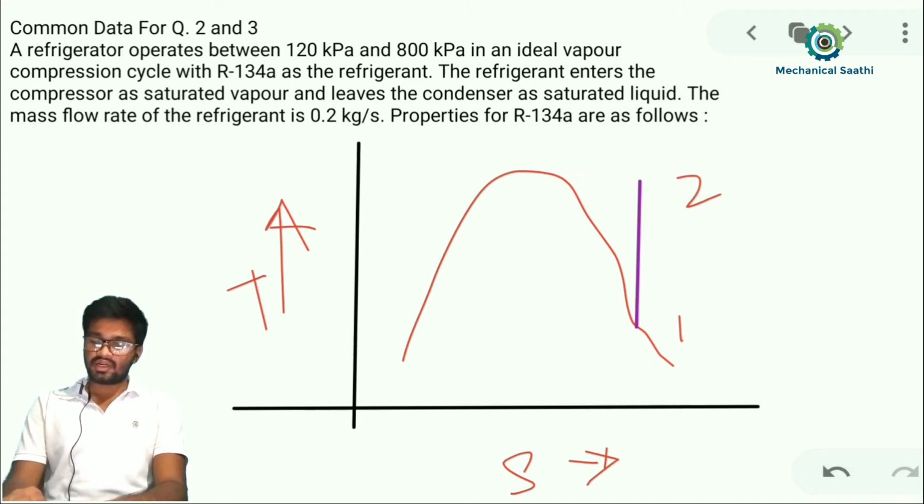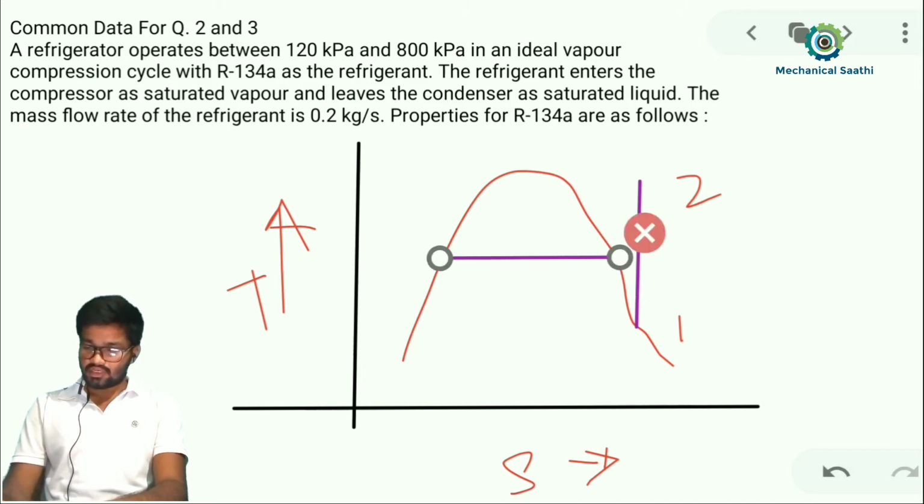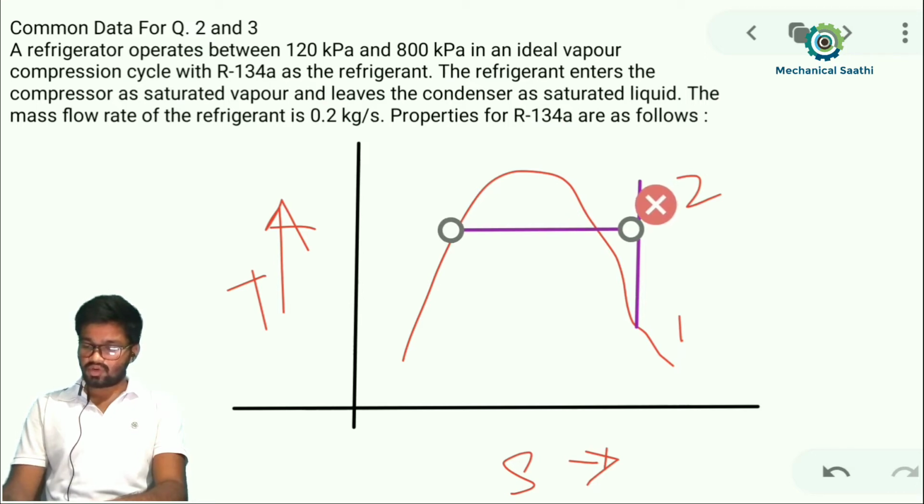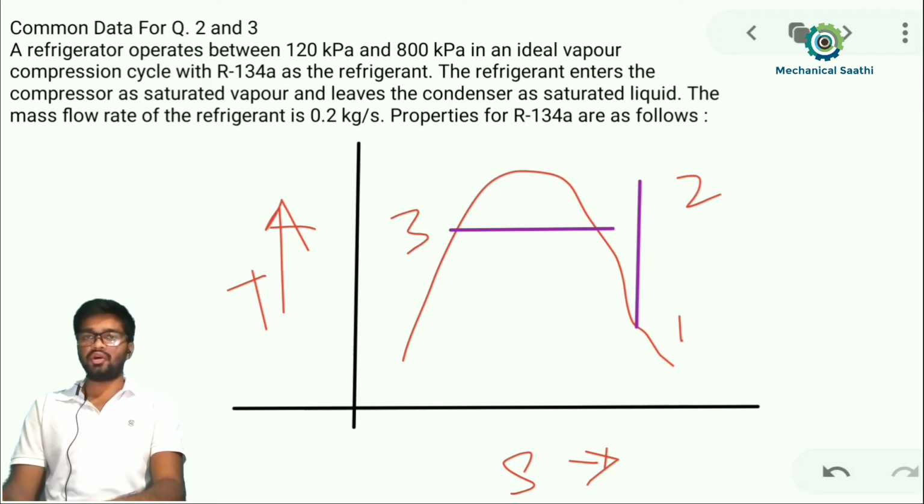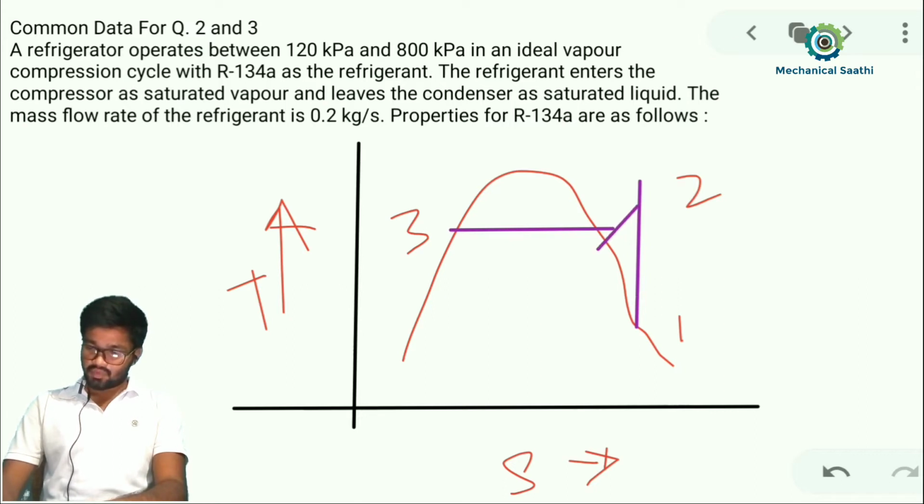That means after condensation it is totally converted into liquid. So condensation is completed somewhere here, let me take it up a bit. Let me name this point 3. From this to this will be the condensation process.